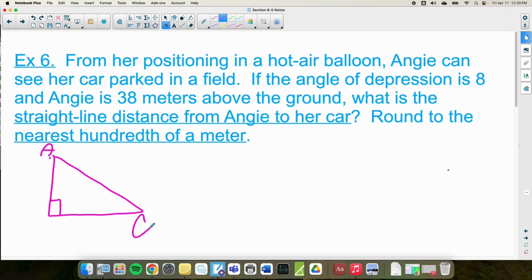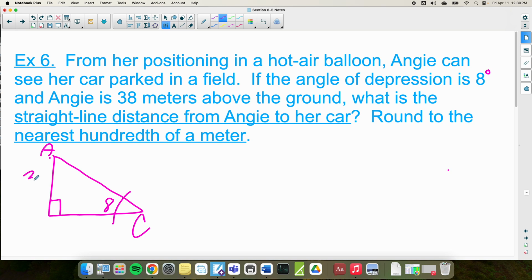If the angle of depression is 8 degrees, this would be that angle, whether it's depression or elevation. Angie is 38 meters above the ground.